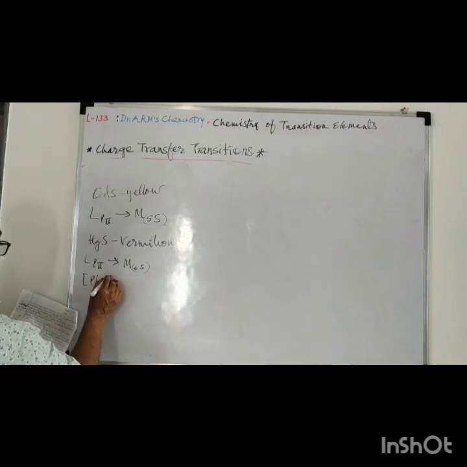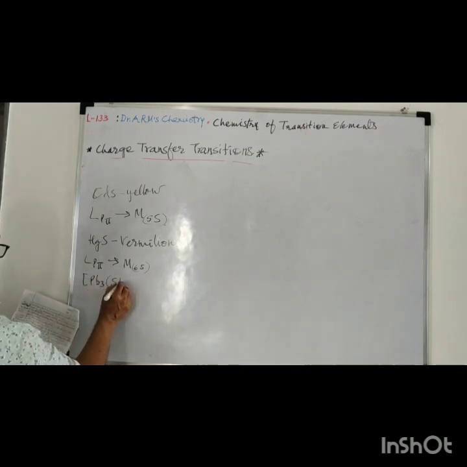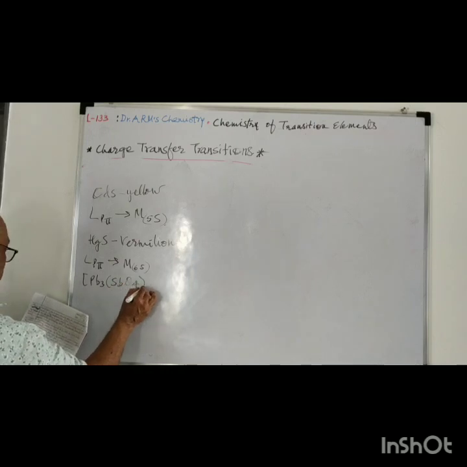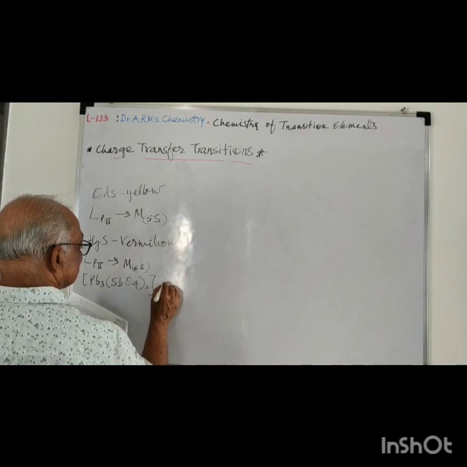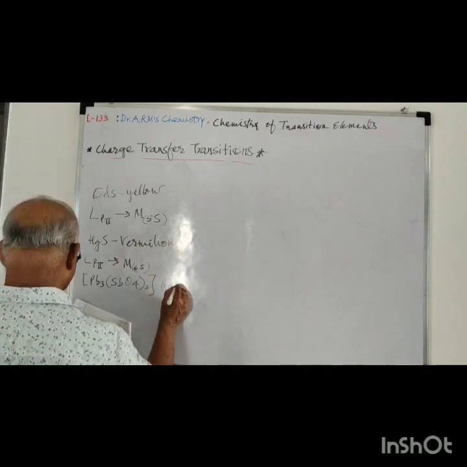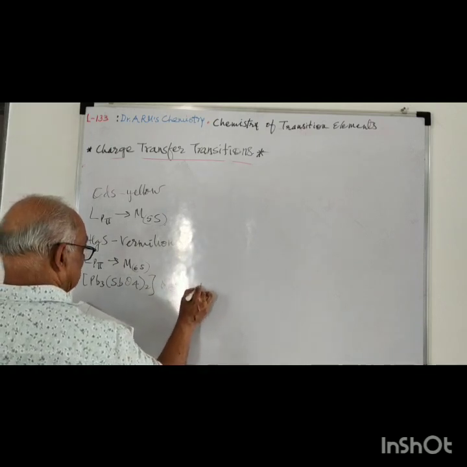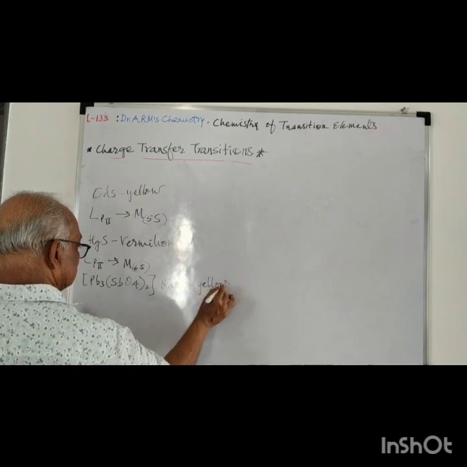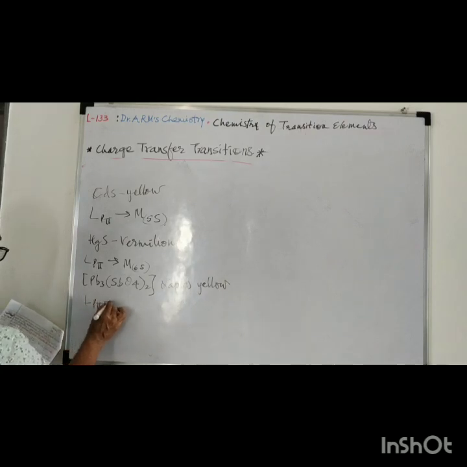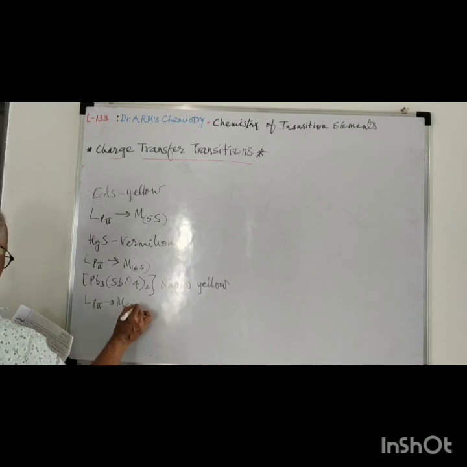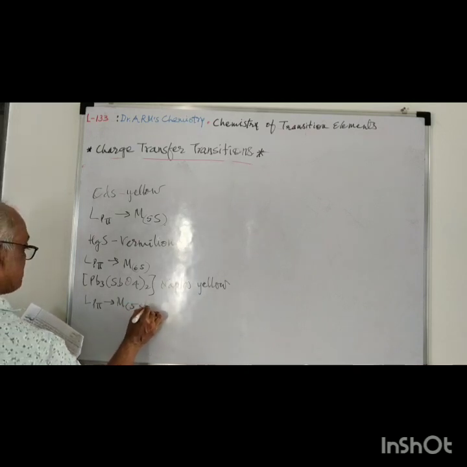Then another complex is Pb3(SbO4)2. It is Naples yellow in color, and it will show the transition from ligand p pi to metal 5s or 5p.